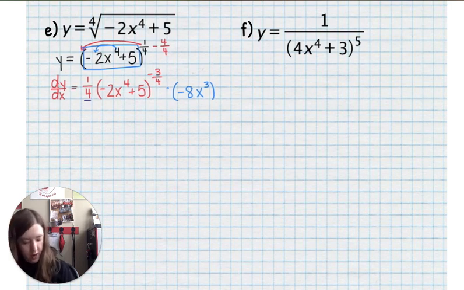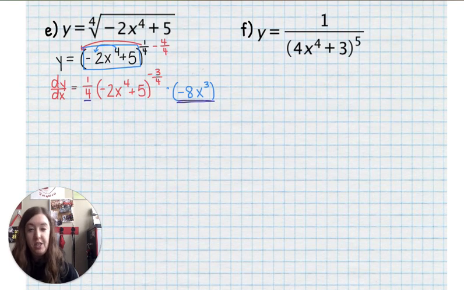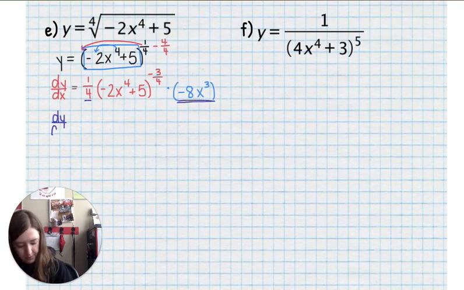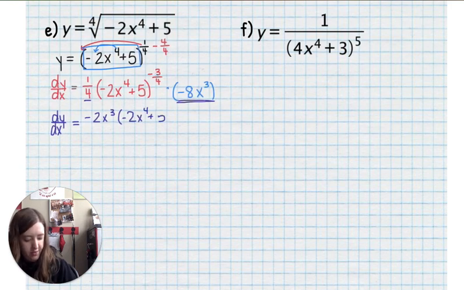So if I took 1/4 times negative 8x cubed, or really negative 8x cubed divided by 4, I'd end up with negative 2x cubed times negative 2x to the 4th plus 5 to the negative 3/4.